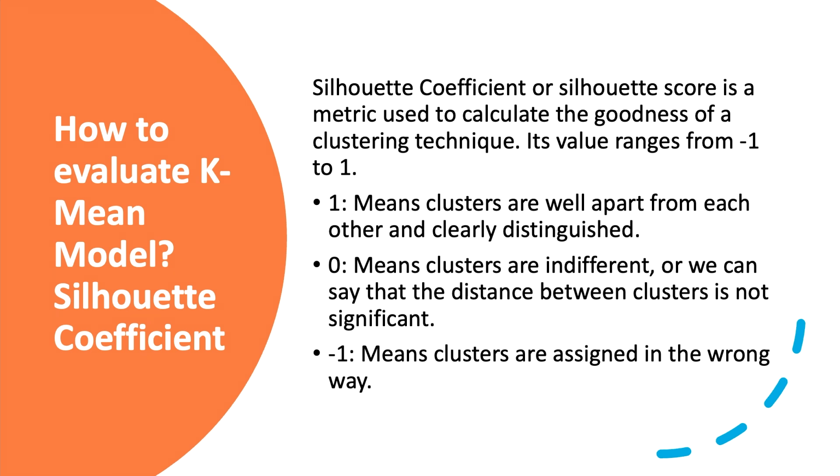If it is equal to 0, it means the classes are indifferent and it's difficult to distinguish them. If it is equal to -1, it means clustering happened in a very bad way. So this is a measure of bad clustering.